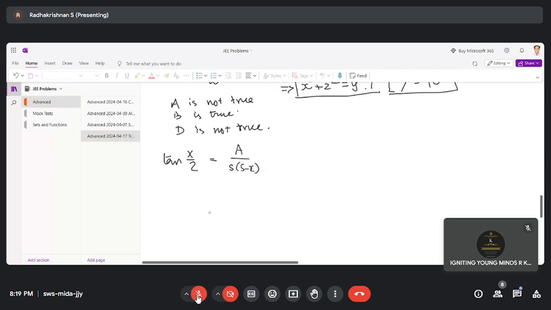In this case, since it is a right angle triangle, the area is going to be half into X into Z.